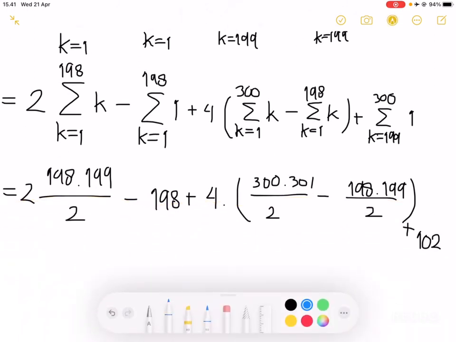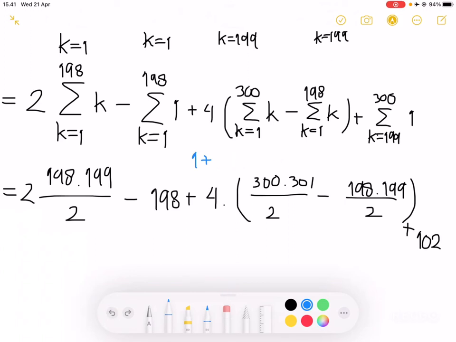Now you may be wondering, how do you get this value? Well, notice that when k goes from 1 to 198, you end up with 1 plus 1 plus 1 all the way up to plus 1, a certain number of times, which in this case will be 198. Same case for the other one, but in this case from 199 to 300.